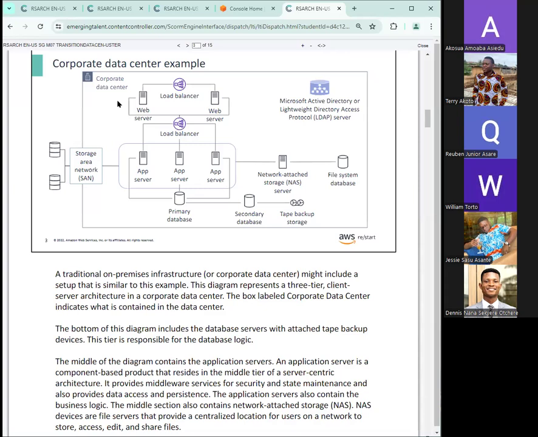They have this setup, and these are two servers. Who can tell us what it's called? What's the cloud equivalent?